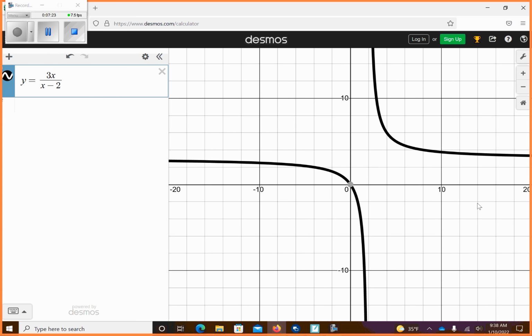So when you take a look at this equation, this is called a rational function, if we want to stay mathematical. But basically, you have both a vertical and a horizontal asymptote to this object. An asymptote is something that our line approaches but doesn't cross.